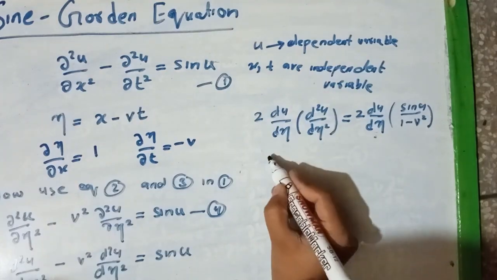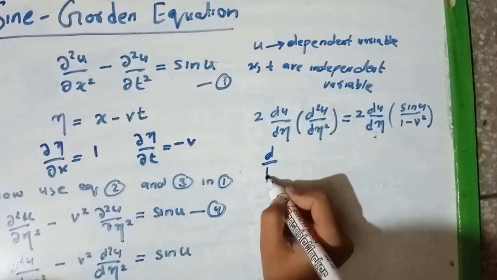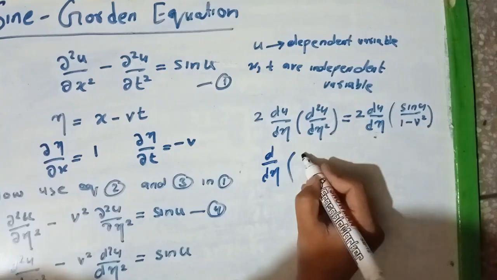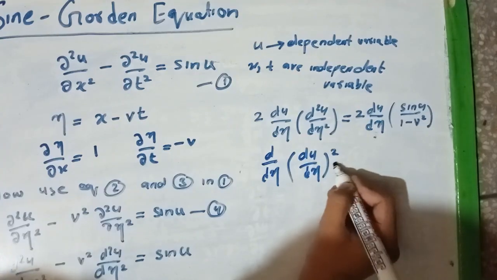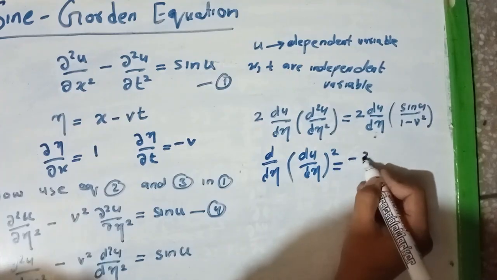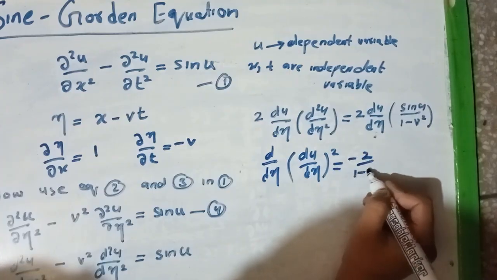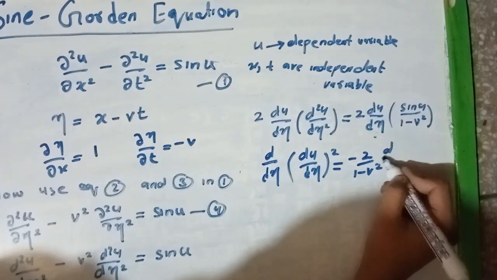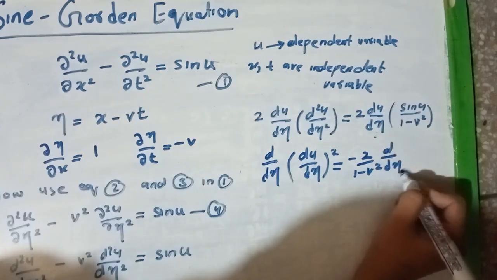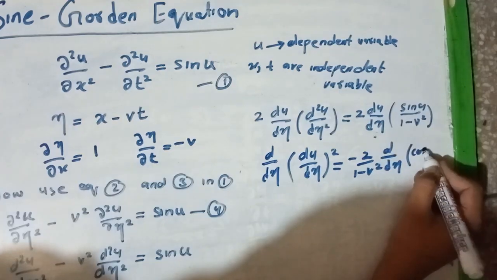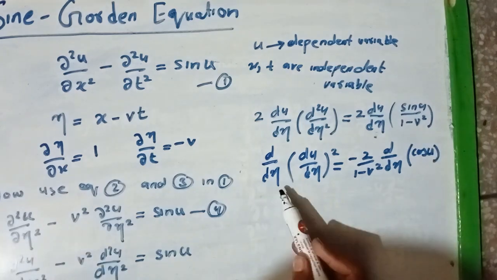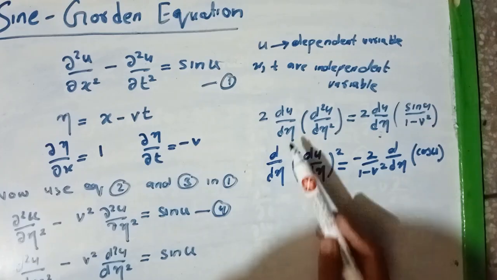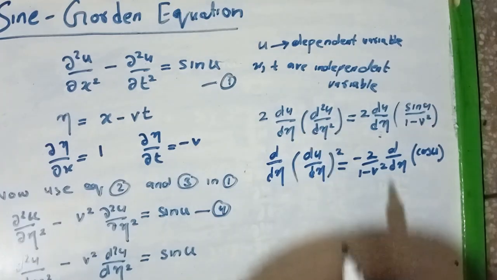So this equation can be written as d/dη of (du/dη)² is equal to −2 over (1 − v²) times d/dη of cos u, as if we take the derivative of this equation, we will again get the above equation.